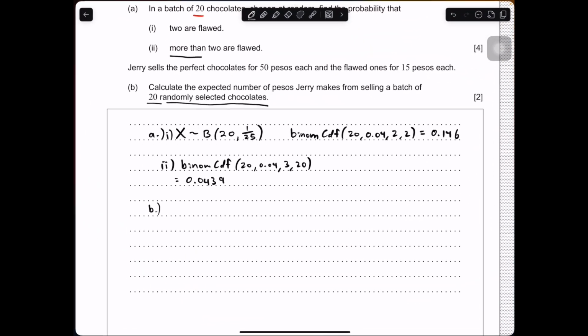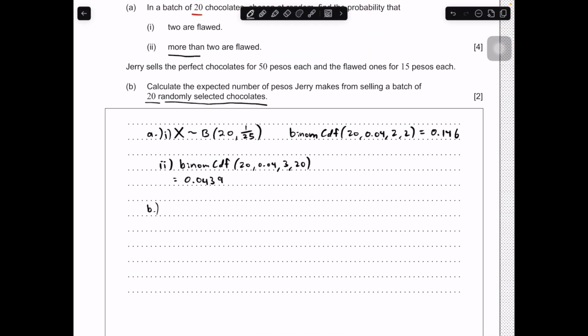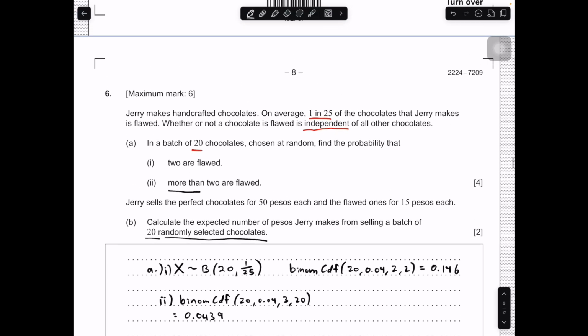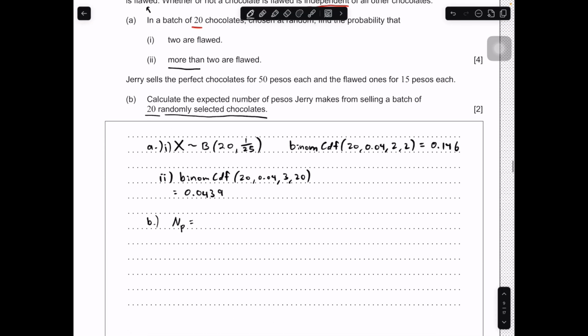So let's go back and use that idea. We know he makes 50 pesos on every perfect chocolate. The number of perfect chocolates is based on the probability of a perfect chocolate. 1 in 25 are flawed, and that means that 24 out of 25, or roughly 96% of these 20 chocolates, are going to be perfect.